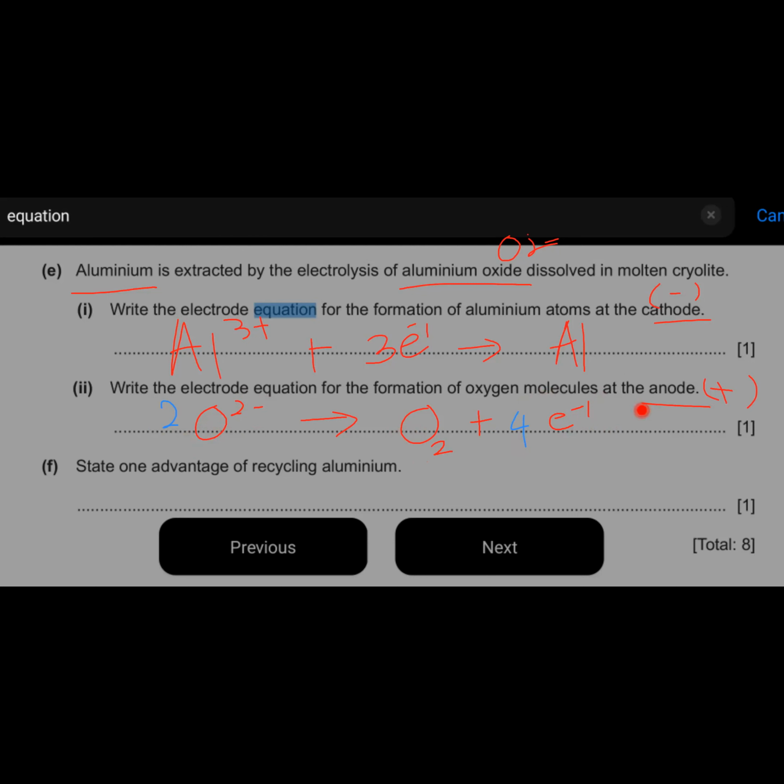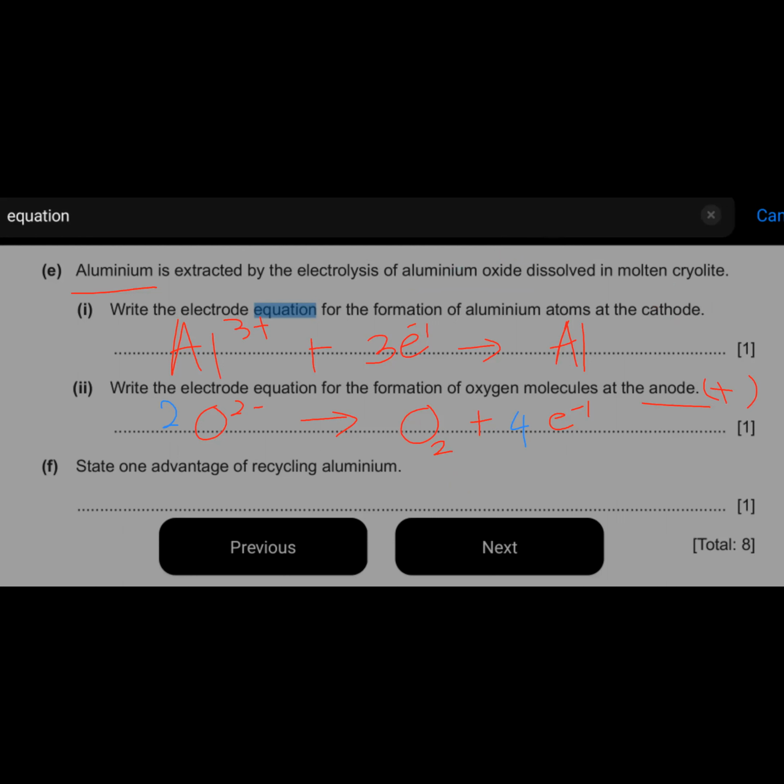Usually you're not expected to write the states, but you may have to write states, right? That's the theory part. This is the ionic half equations of this particular question.